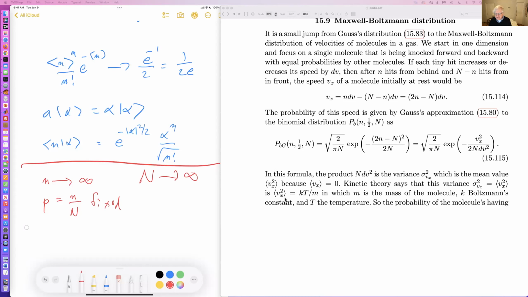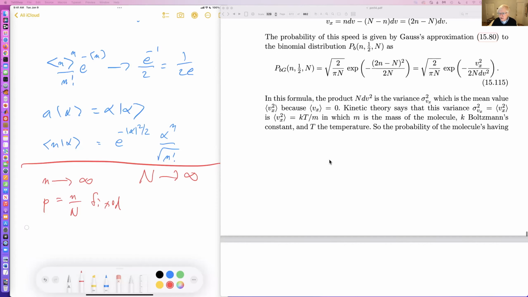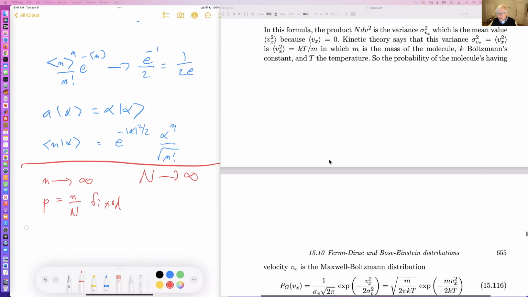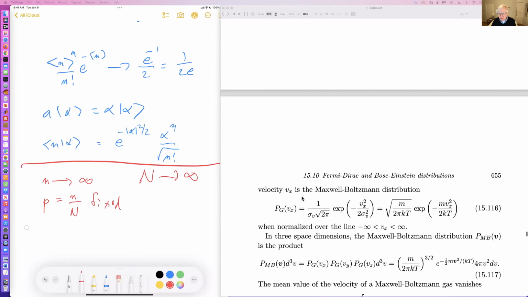Kinetic theory says the mean value of Vx squared is kT over m, where m is the mass of the molecule, T the temperature, k Boltzmann's constant. And so what we wind up with is the Maxwell-Boltzmann distribution in one dimension.